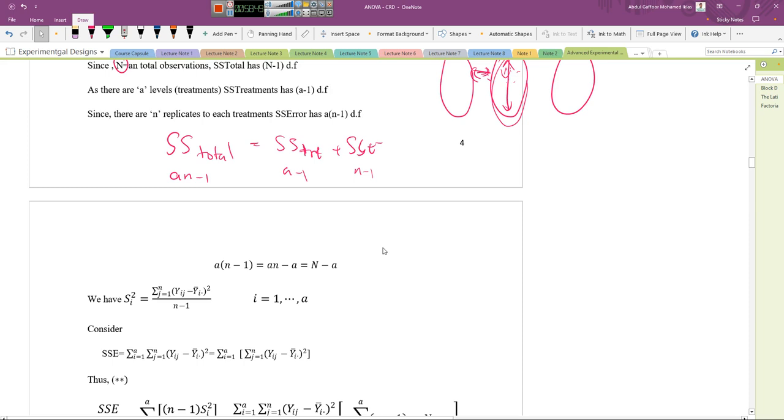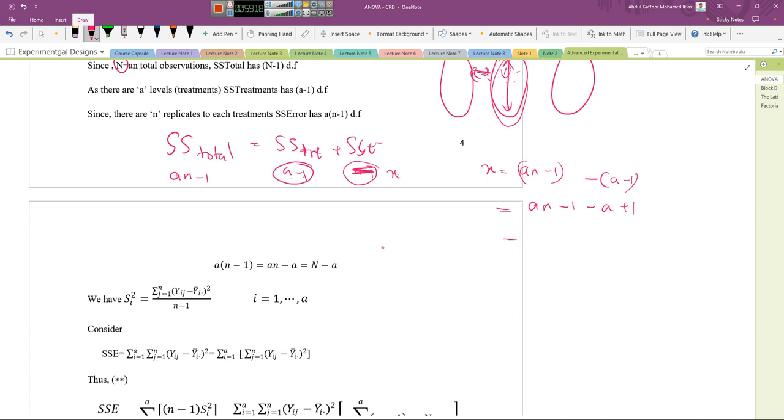Now the total degrees of freedom is an minus 1, and the treatment degrees of freedom is a minus 1. Now the degrees of freedom of this one is not n minus 1, so let me take it as x. So x is equal to an minus 1 minus (a minus 1), that is equal to an minus 1 minus a plus 1.